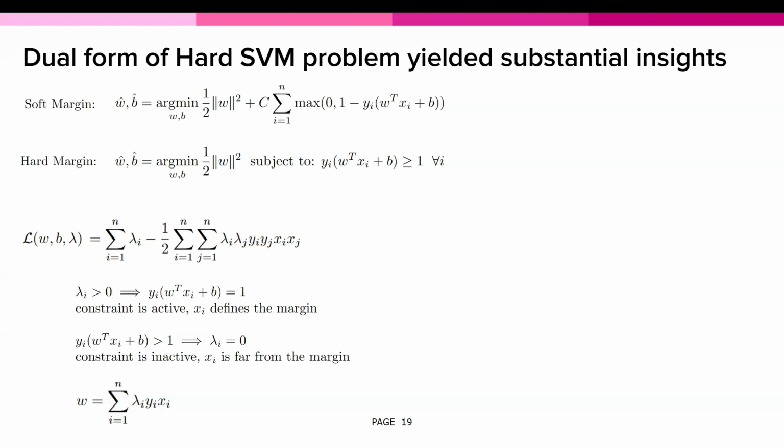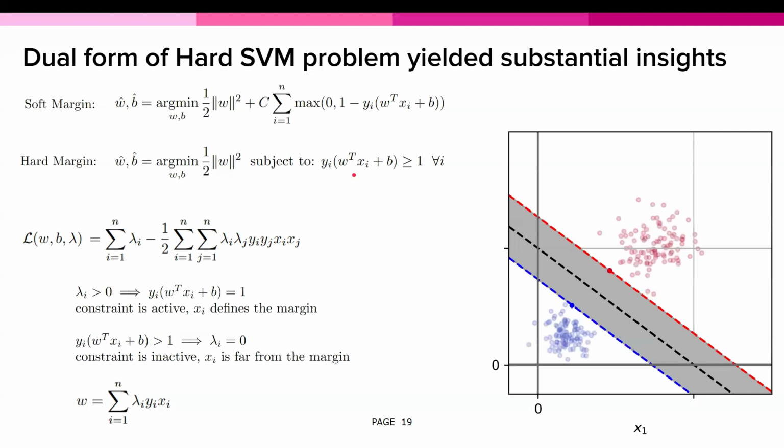But when we derived the dual form of the hard margin SVM problem last week, which I've got here, we gained substantial insights that went beyond simply finding the optimal weights. Specifically, the dual form allowed us to view the problem geometrically. It provided some insights into which data points influence the decision boundary, specifically the support vectors that I've marked off here, the ones on the margin.